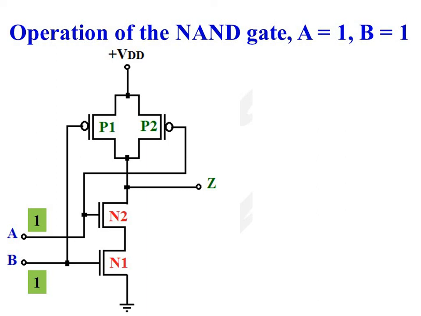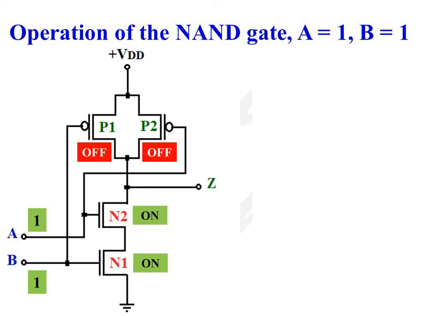So these two transistors are off. As NMOS transistor N1 and N2 are on, output Z is connected to ground. As PMOS transistor P1 and P2 are off, output Z is isolated from plus VDD.